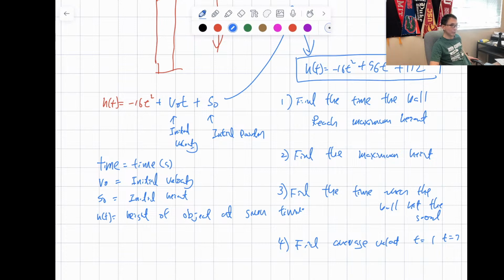Can you find the time to reach maximum height here? Or you can actually find both at the same time, the height and time, using convert to vertex form by completing the square. But right now, use negative b over 2a.